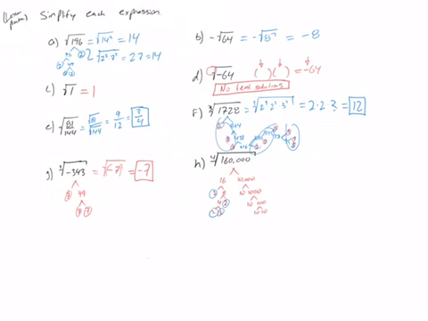And with that 10,000, it gives me 1, 2, 3, 4 10's. So I can write this as the 4th root of 2 to the 4th times 10 to the 4th, which means it's going to be 2 times 10, which is going to give me 20 as my answer.